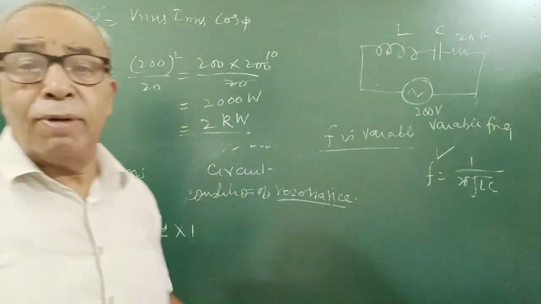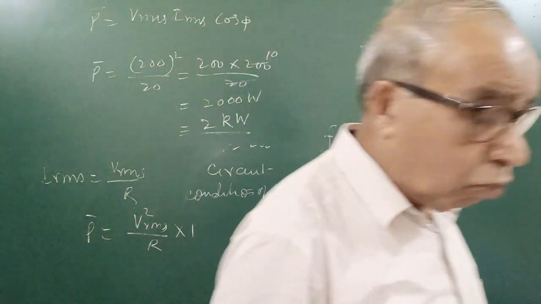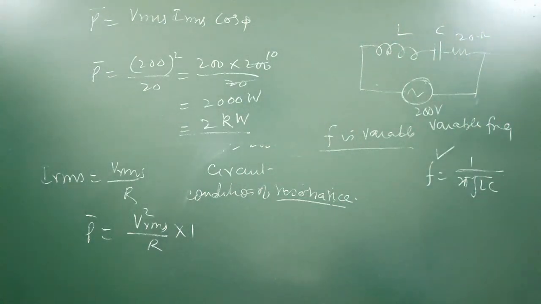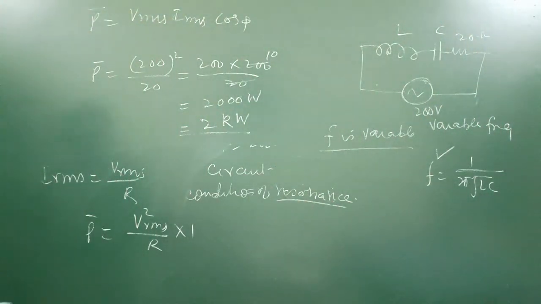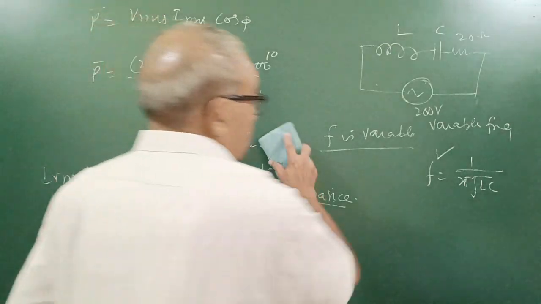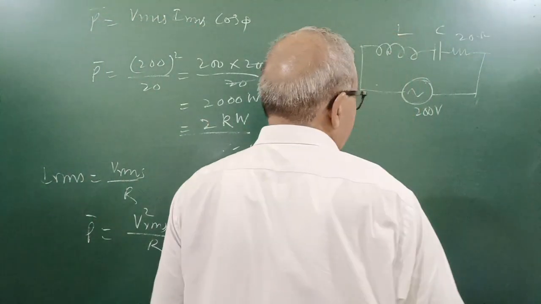Such questions are very important from the board exam point of view, and they even come because we forget what happens in the resonance condition. Remember, in the resonance condition, XL is equal to XC. I am repeating.